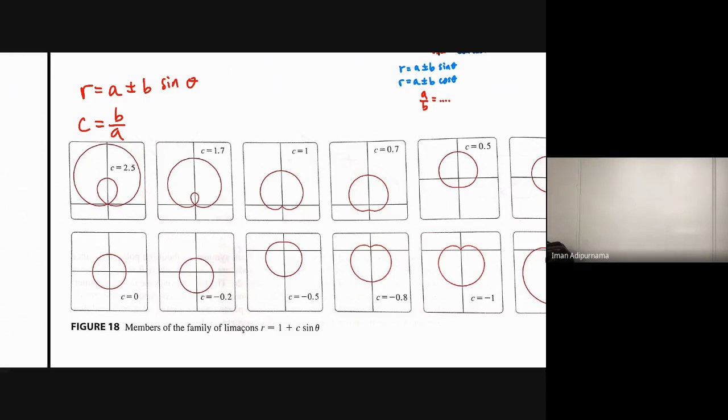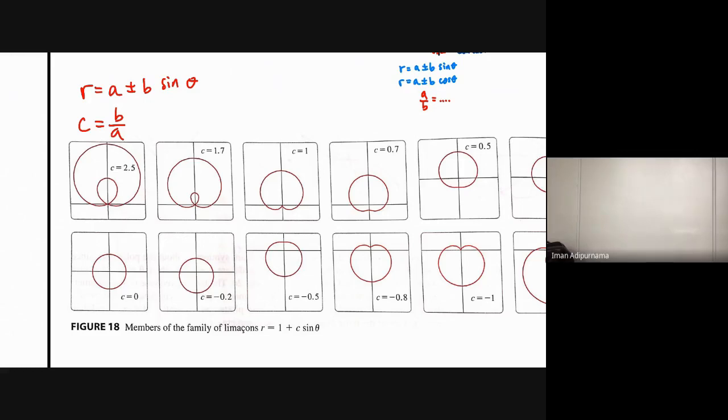Okay, and it's getting bigger here, and it's getting dimpled. It's more curvy here, and it becomes the cardioid, the mirror of this cardioid. This is a positive one. This is a negative one.